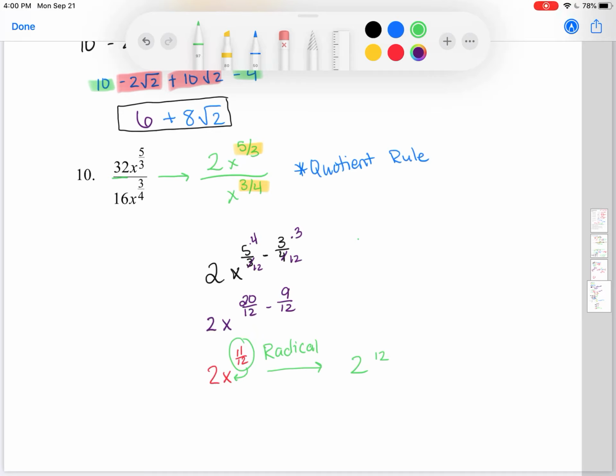So it doesn't apply to the 2, so I'm going to keep the 2 out. And then I'm going to take the 12th root of x to the 11th power. And that, my friends, will be your final answer here.